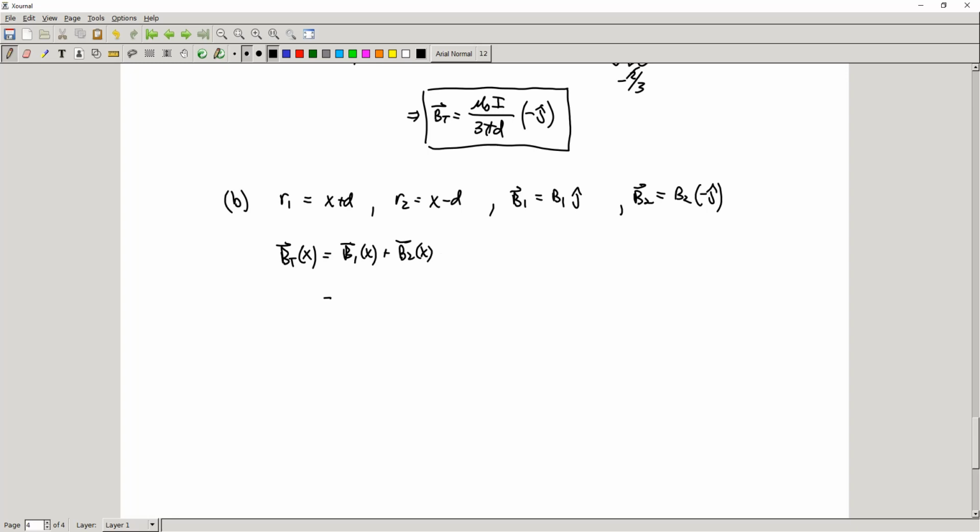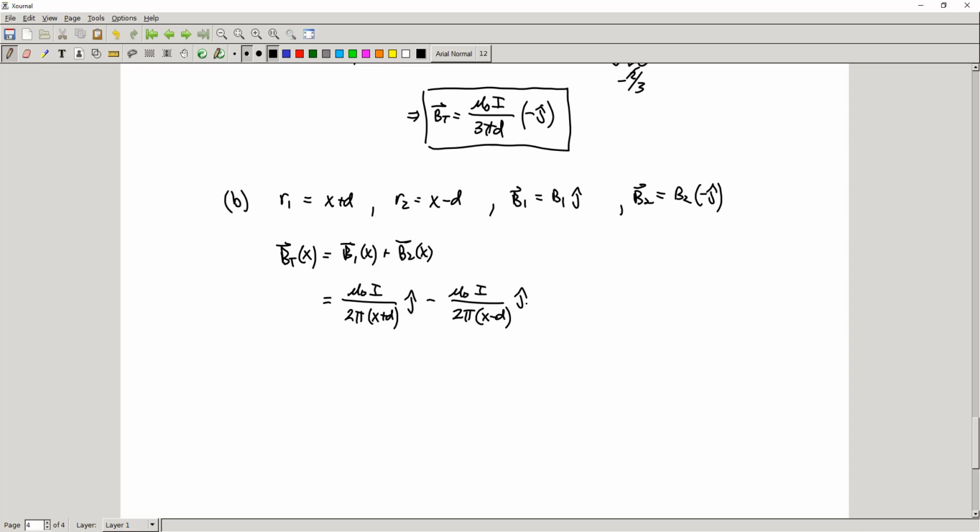And this is just going to be equal to mu naught I over 2 pi. Now we replace the r with x plus d, right? Because we're dealing with the first term here, so this is going to be x plus d. This is in the j hat direction, and I'm going to just factor out that minus sign, so we're going to have a minus mu naught I over 2 pi, x minus d, in the j hat direction.